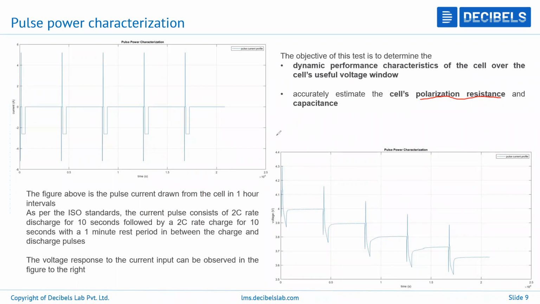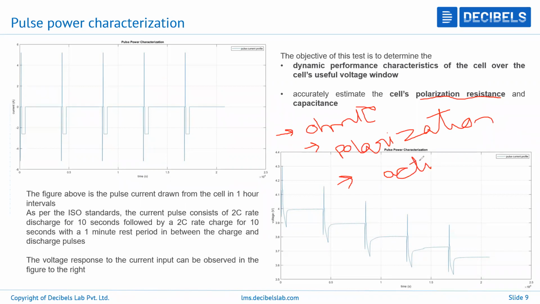Just briefly, I will explain the types of internal resistances that the cell can face. One is called ohmic resistance, one is called polarization resistance, and the other one is called activation resistance. So these are the three different types of resistances that the cell can face.